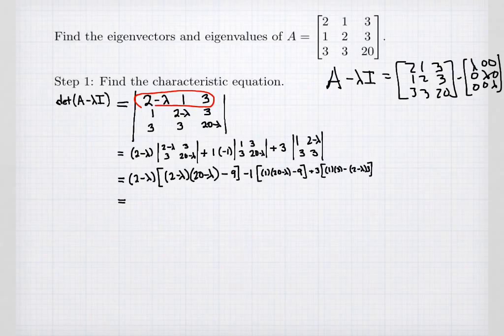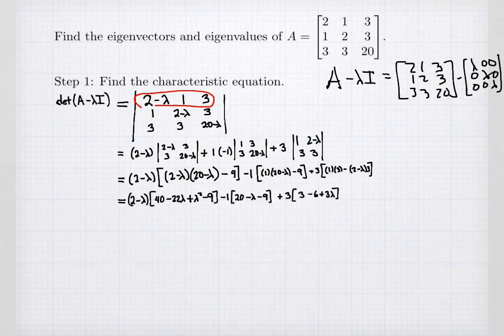I'm going to have 2 minus lambda, and then I have 2 times 20 gives me 40, and then 2 times minus lambda, that's negative 2 lambda, negative 22 lambda, and finally plus lambda squared minus 9. And now let me finish up the rest.